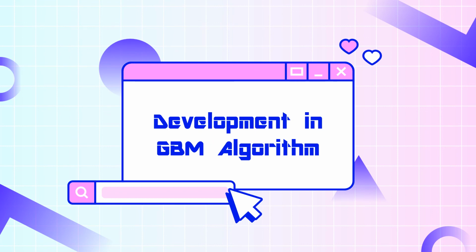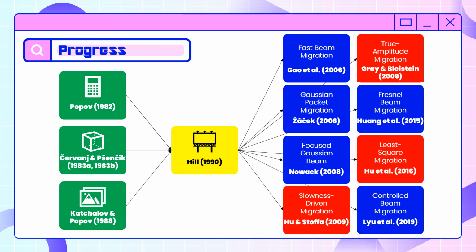Moving on to discussing the development of the Gaussian beam migration algorithm, the early stage building blocks of Gaussian beam migration were developed throughout the 80s, with Popov suggesting the wave field calculation.